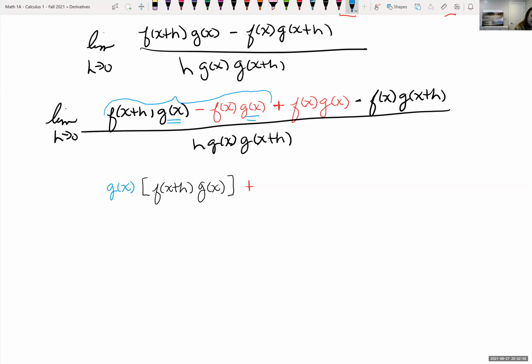If we look at the last two terms, f of x times g of x minus f of x times g of x plus h, both of those have an f of x in common that we can pull out. If we pull that out, we're left with g of x minus g of x plus h.